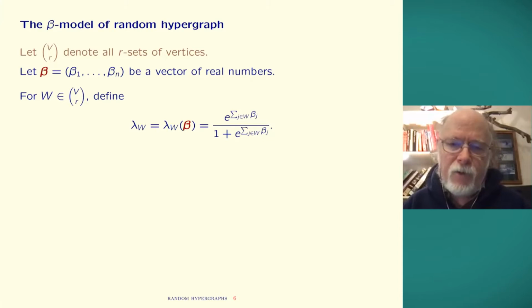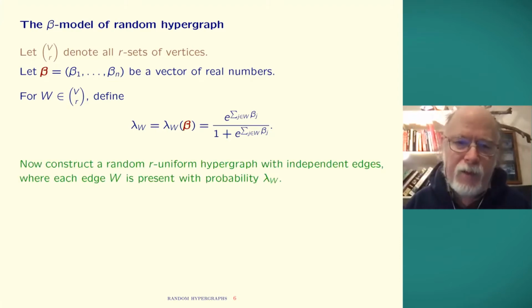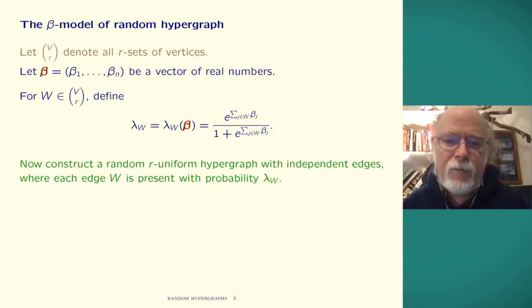You can see from looking at this that it's a real number strictly between 0 and 1. And when you have a real number between 0 and 1 and you like probabilities, you think, oh, let's call that a probability. Let's construct a random r-uniform hypergraph with each edge selected independently. So each r-set W is present with probability lambda W.